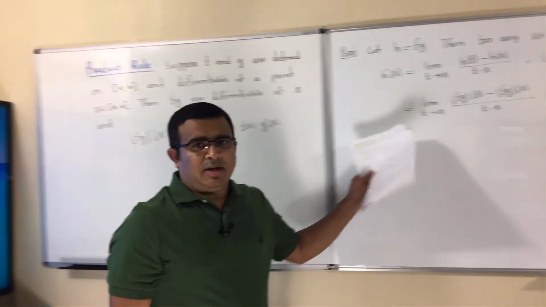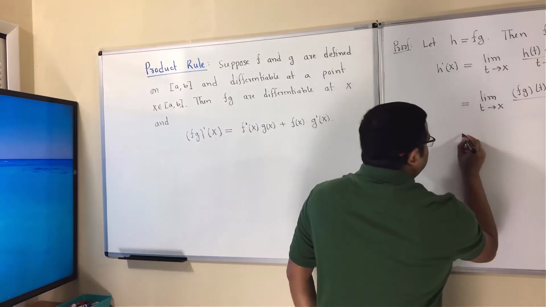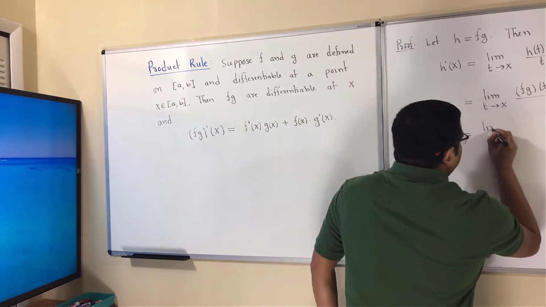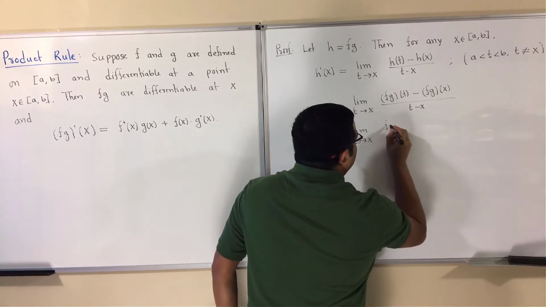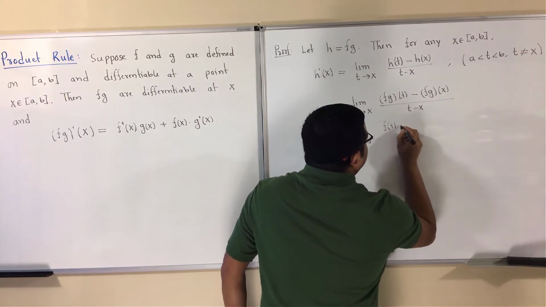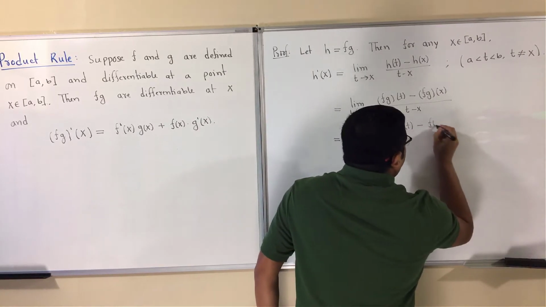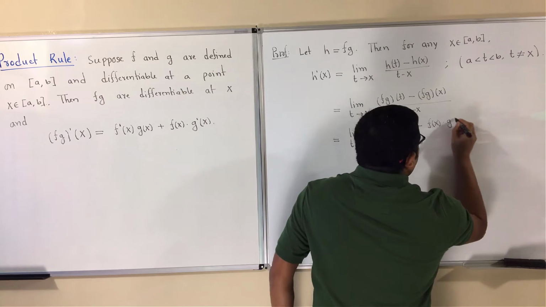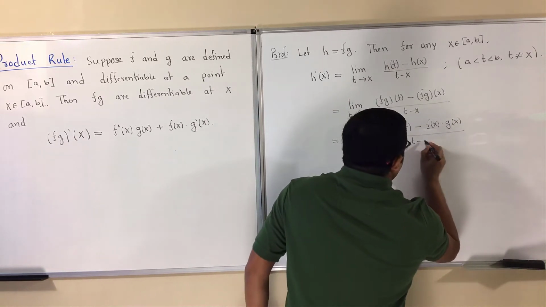I just plug h equals fg. Now this one can be written as limit of t approaches x, f of t times g of t minus f of x times g of x over t minus x.